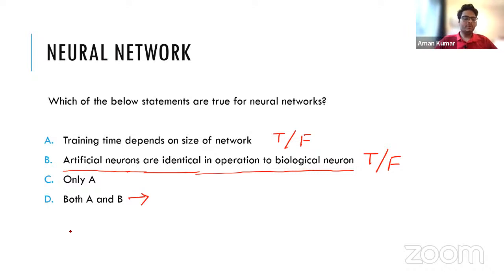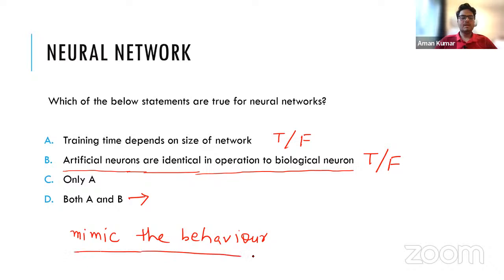The definition of neural network is we try to mimic the behavior. Mimicking the behavior cannot lead you to the original thing. So it can be similar but it cannot be identical.